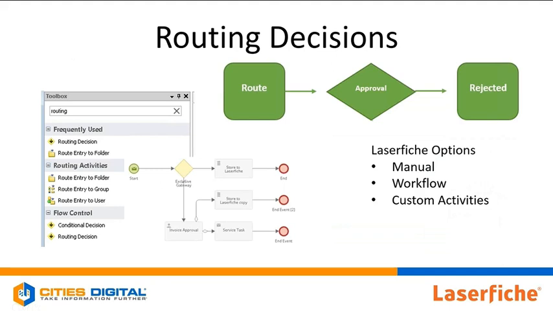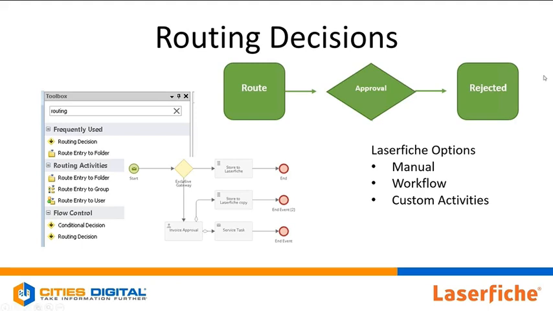And then you have routing decisions you need to consider as part of the AP process. You can manually update that metadata information, and that's going to route the document to where it needs to go. Workflow can automatically make decisions for you.